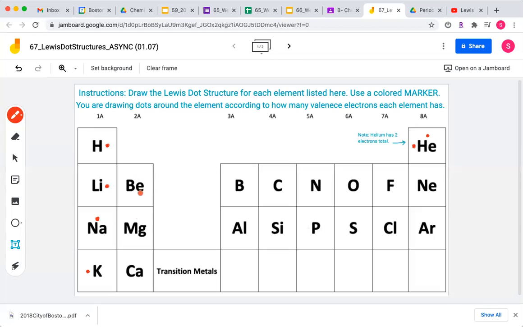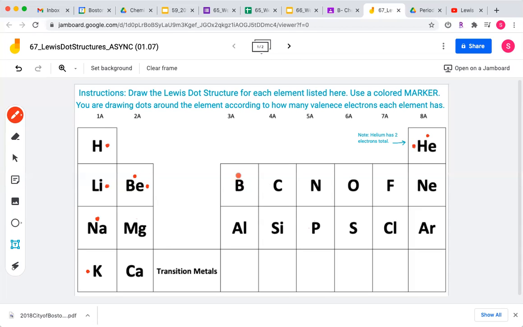And I'm gonna continue with my 2A elements, right? Beryllium has 2 valence electrons. And same goes for magnesium and calcium. But I'm not gonna do those. I want you guys to do them on your own on your Jamboard.